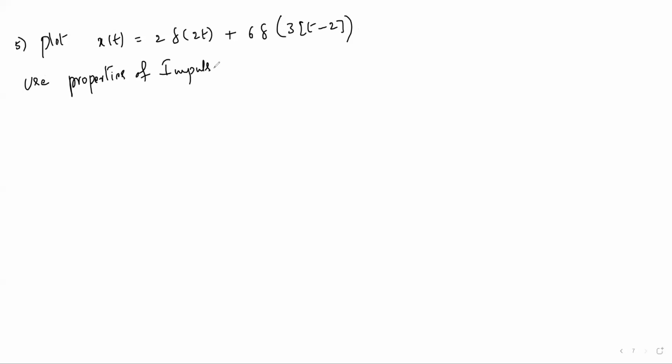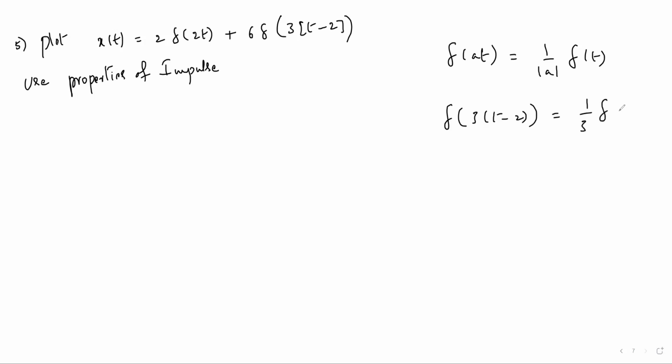Here del of a t, we can write it as 1 by mod A del of t. So from that property, we can write del of 3 into t minus 2 as 1 by 3 del of t minus 2. And del of 2t is there in the first term.